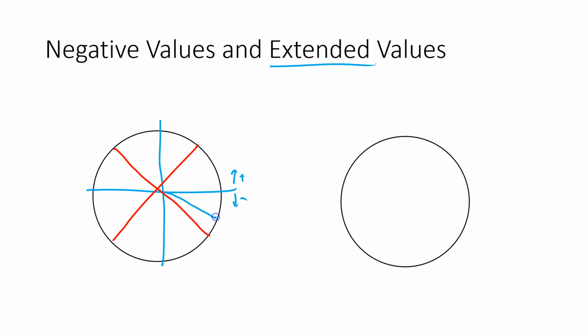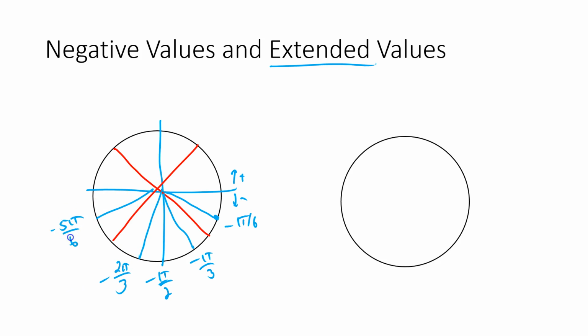So right here would be negative pi over 6. This guy right here then would be negative pi over 3, negative pi over 2. So all we're doing is going in the opposite direction. So positive takes us counterclockwise, negative takes us clockwise. So we go 1, 2, 3, 4, which would be 2 pi over 3.